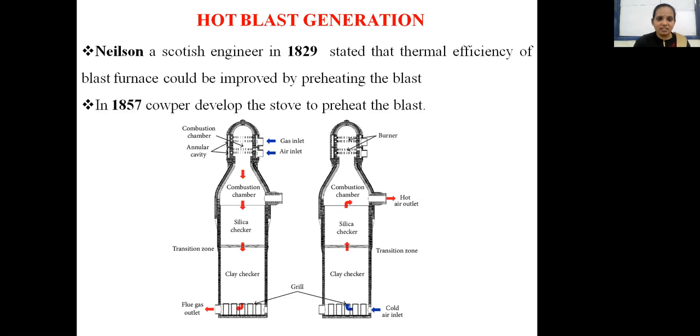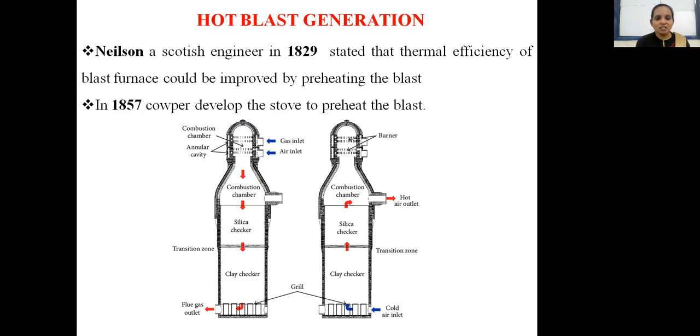Next, let's see the hot blast generation. Blast, in the metallurgical technical word, means pressurized air that we are going to inject into the blast furnace. The blast of air is to be injected into the furnace under pressure.